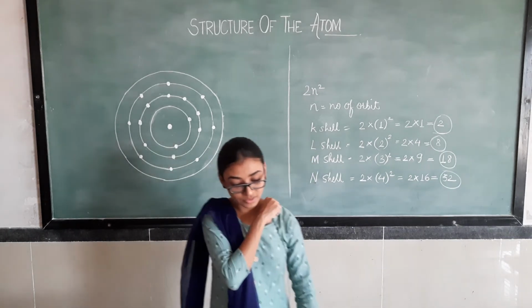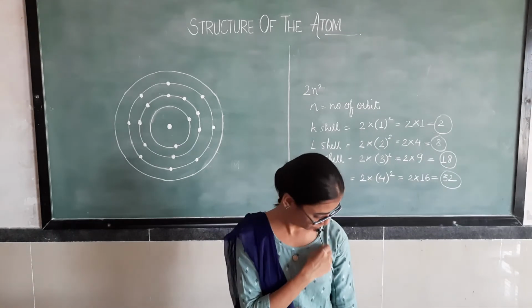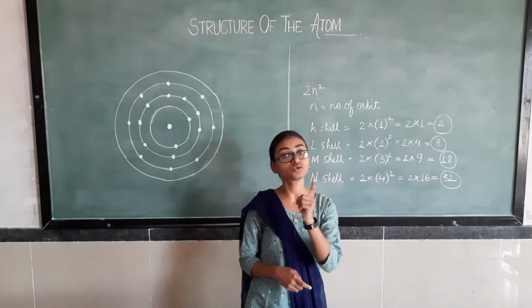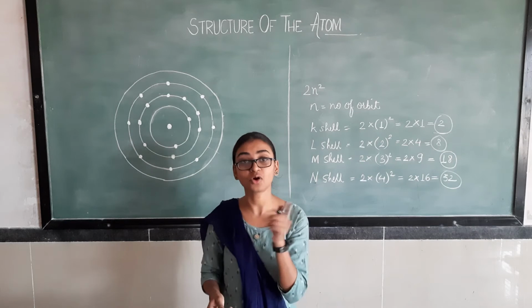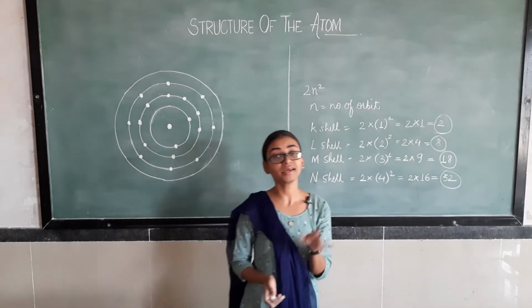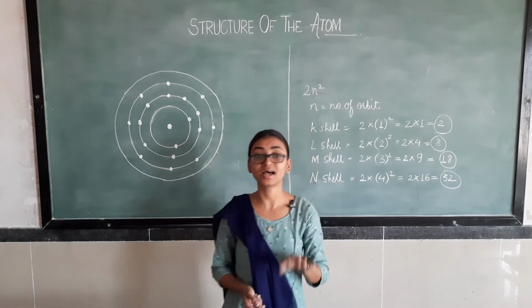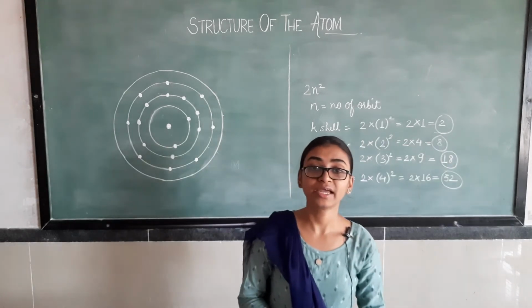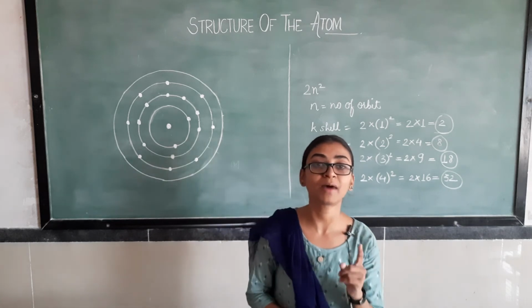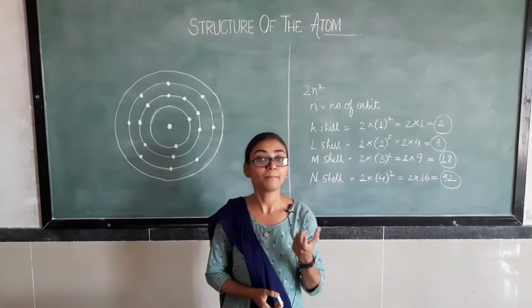Okay, so this is about the electronic configuration. Hope you are clear with this. Go through this again, just draw the structure on your own, it's your homework. If you have any doubt, you can ask me. It's an important part. Electronic configuration is an important part of this chapter.